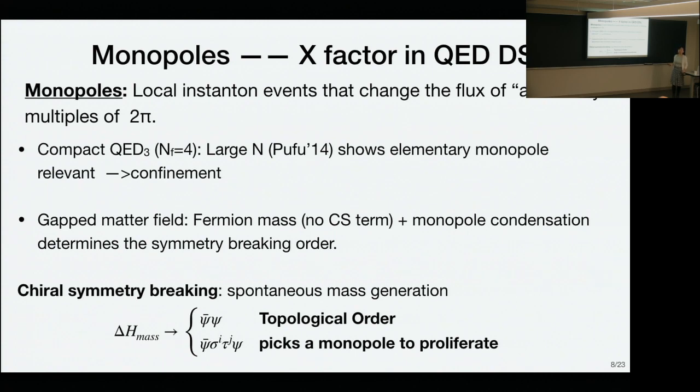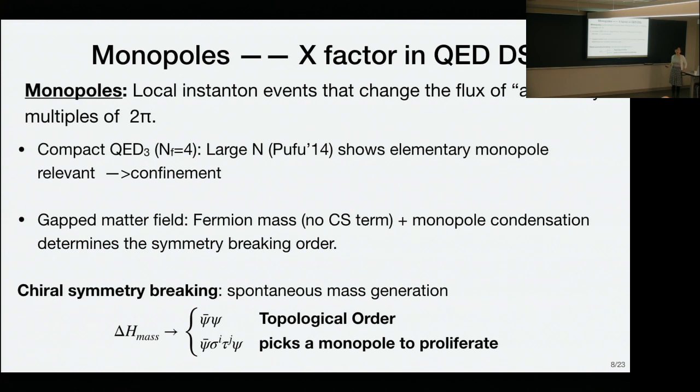Another class of scaling operator is so-called monopole operators. As we mentioned, the total flux of the small a gauge field is conserved. However, if the U1 gauge group is a compact gauge group, the gauge flux is defined modulo 2 pi, so it's perfectly legitimate to change the gauge flux during the path integral formulation by multiples of 2 pi.